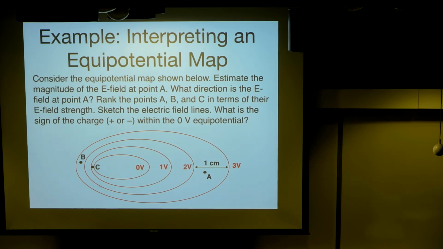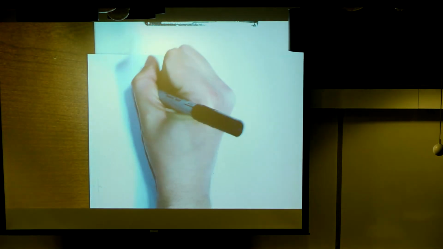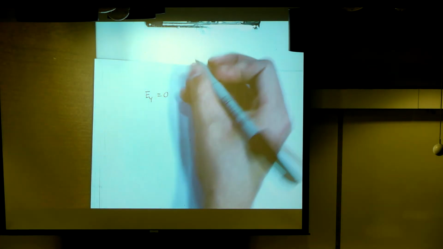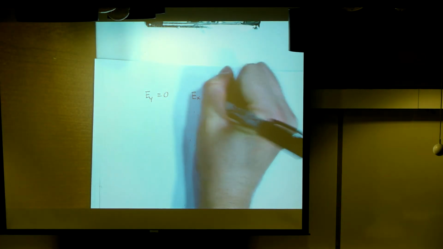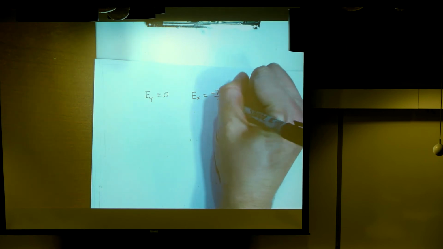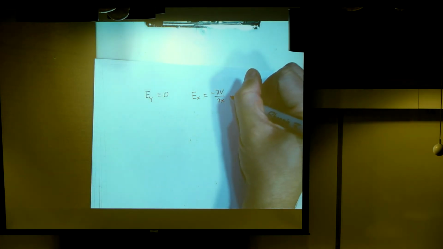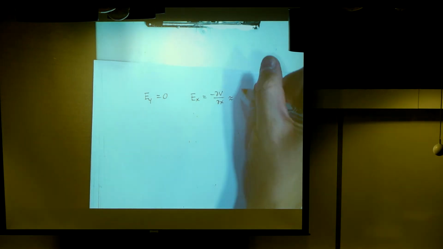So let's work it out. So we could say E_y is basically equal to 0. And then for E_x, we know that's minus dV/dx. But I can approximate that in the following way.